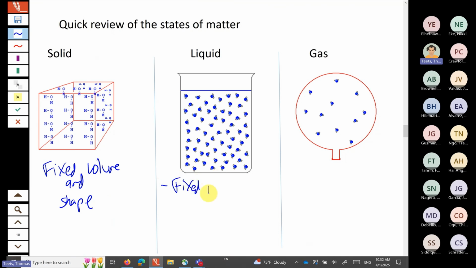The key difference with a liquid is that it still has a fixed volume. So a liquid is not going to change its volume normally, but it conforms to the shape of the container. So it is able to flow. It has fluidity to it. And depending on what container you put it in, that's going to define the shape of the liquid. So if you have a tall graduated cylinder of water, it's going to occupy that shape.